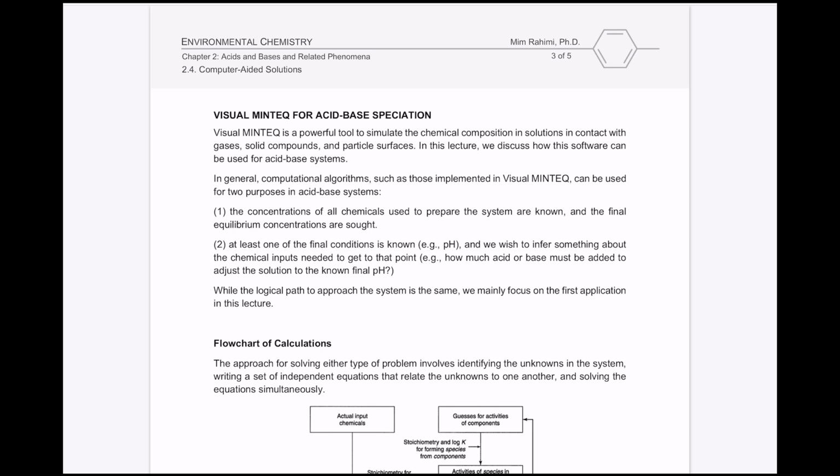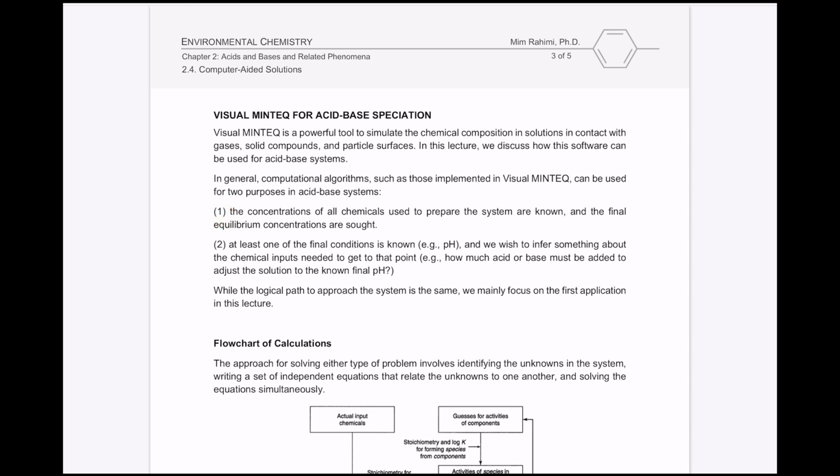For example, how much HPR we need to add to a solution to get to a pH of 4. So that's the second category that we can use this software for. In this lecture, we're just focusing on the first category.